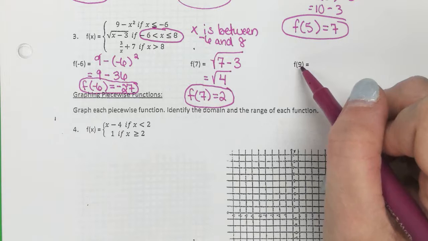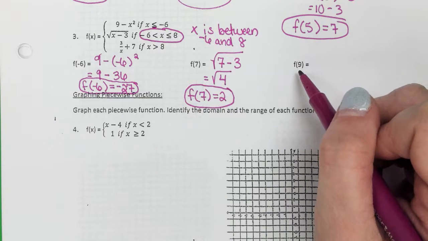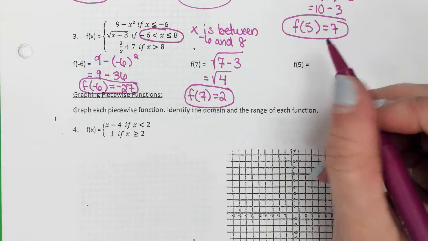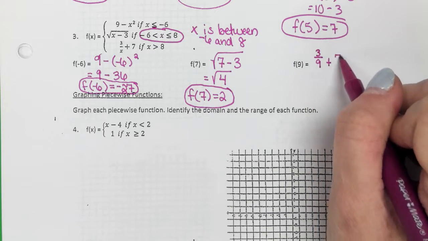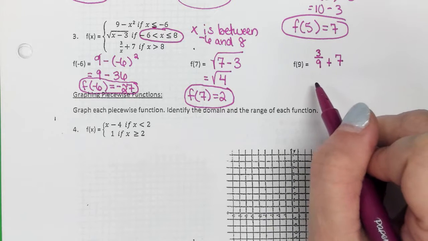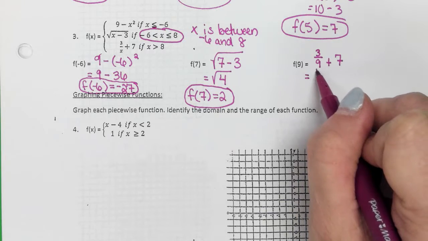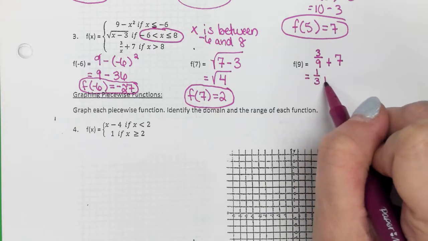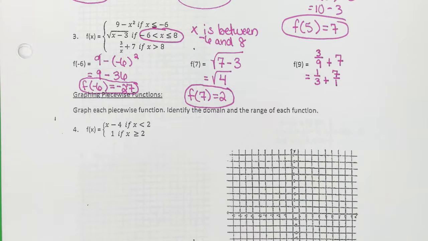All right, and this last guy right here, what about 9? Where's he go? At the last one. And we never, ever use decimals. So it'll be 3 over 9 plus 7. 3 over 9 reduces. 1 over 3. Very good. And we're going to make that 7 a fraction. Now, guys, look. I know that you're awesome with fractions, and I know that you can tell me that's 7 1/3.